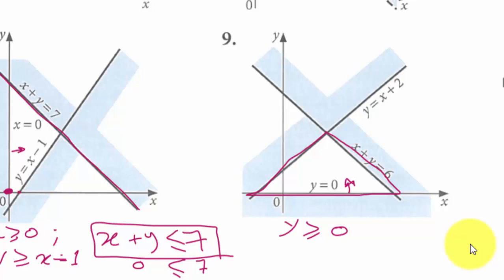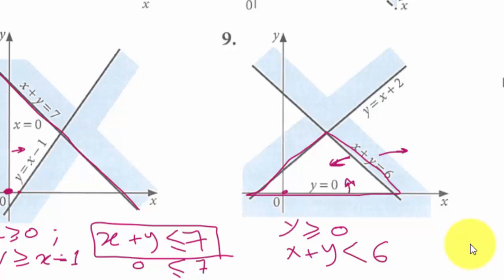The next inequality, x plus y is equal to 6. So on this side, x plus y is more than 6. On the other side, x plus y is less than 6. Because 0, 0 is on the side of this line, then 0 plus 0 is 0. 0 is less than 6. It means x plus y on this side is less than 6.